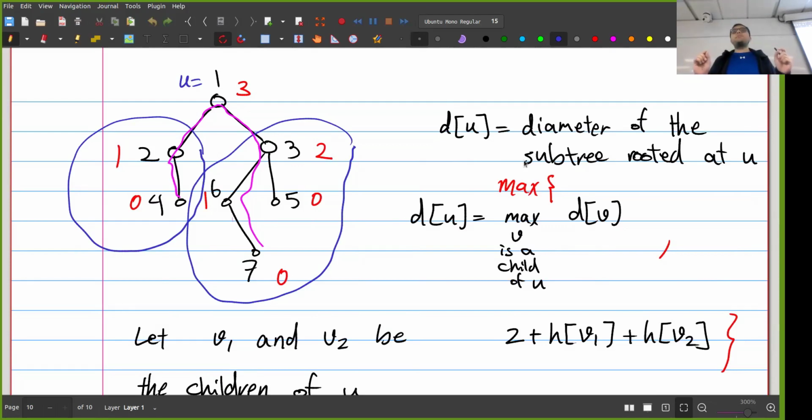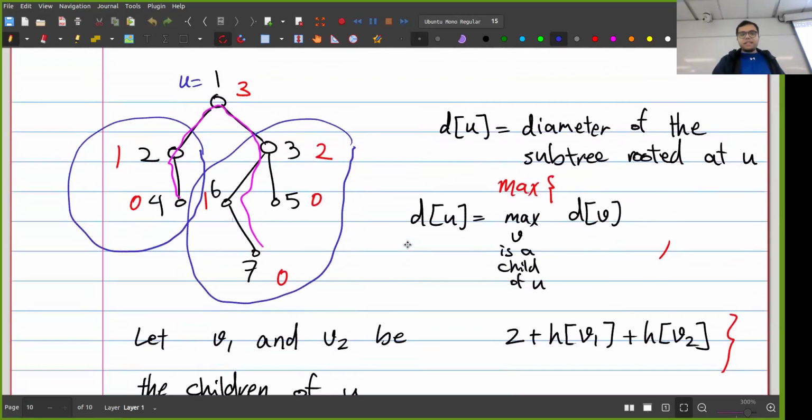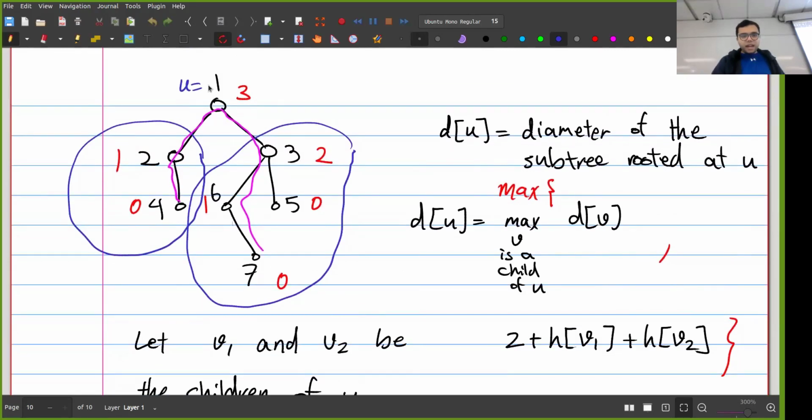So what is the maximum distance between two vertices if I can take these two vertices only from U and its descendants? And then we basically said that I look at U, I look at the children of U, and I say either these two vertices that have the maximum distance are in the subtree of the same child, or they're in subtrees of two different children.